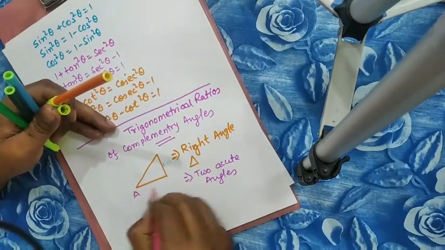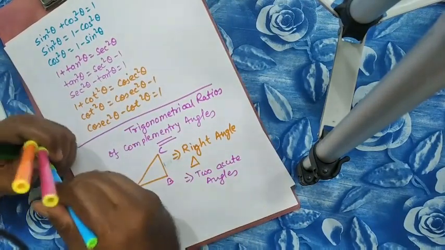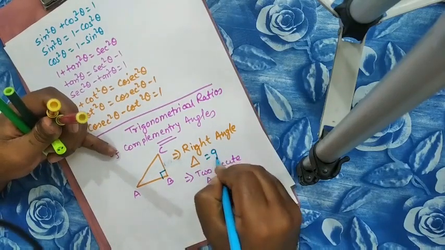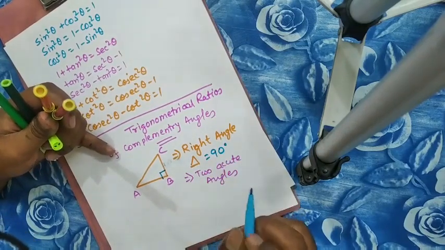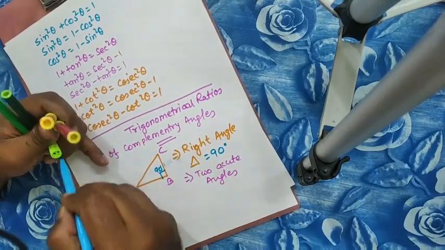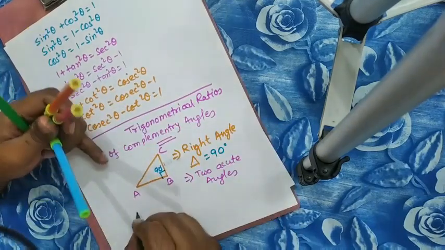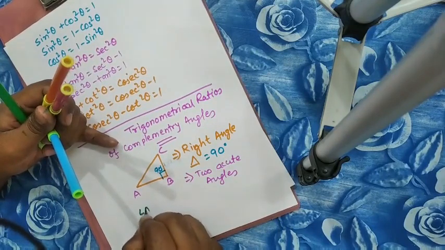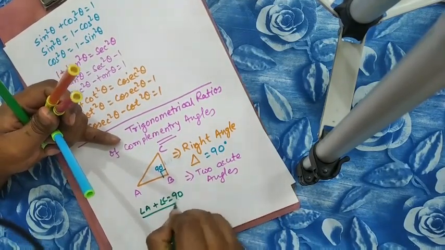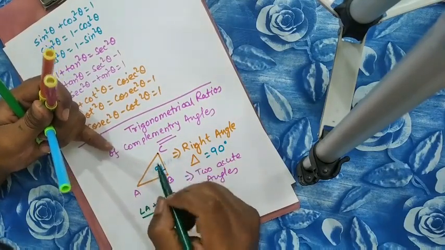Let us see, ABC is a right angle triangle, then angle B will be a right angle. Right angle means it will have 90 degrees. So angle B is equal to 90 degrees. Then angles A and C will each be less than 90 degrees.